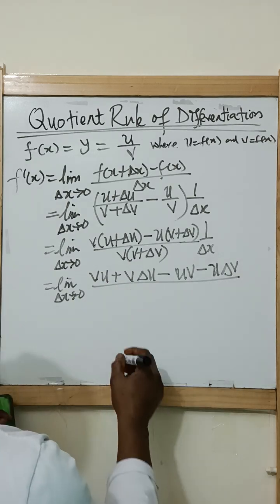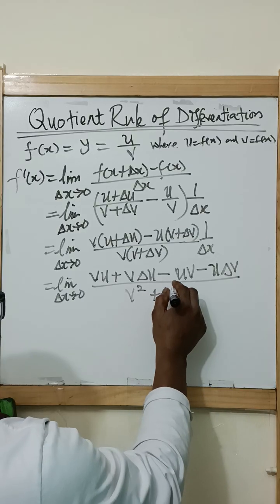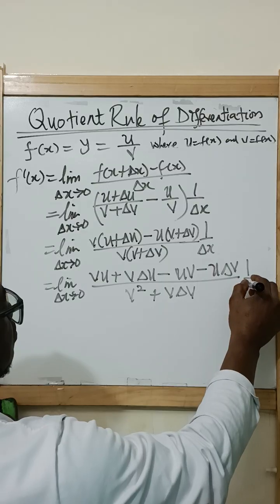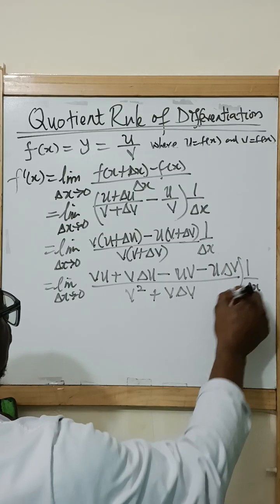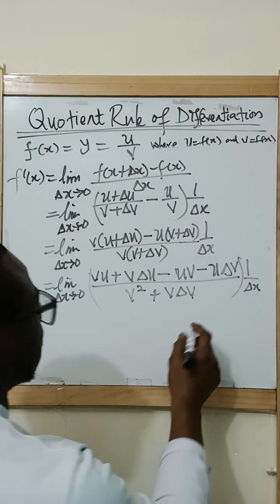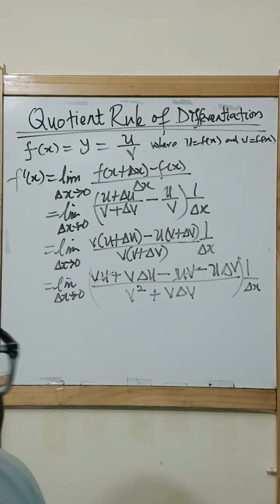Open the denominator, that will be v squared plus v delta v. And we still have 1 all over delta x here. At this point, this is going to cancel this. That will be 0 because they are the same.